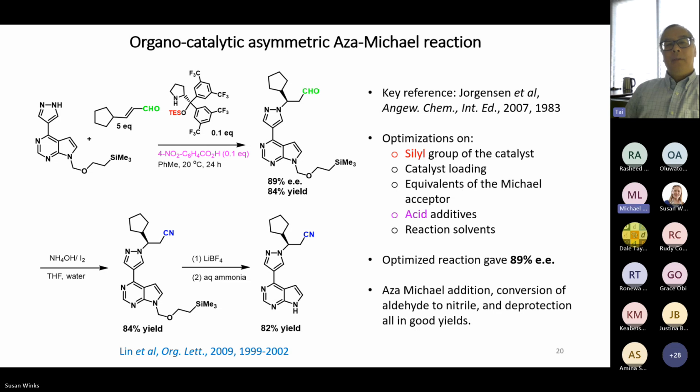So, we got a decent yield, 84% yield, and 89% EE on the addition. Then we have to take the aldehyde, treat it with ammonia to make the imine, oxidize the imine back up with iodine to the cyano compound, and then follow with deprotection. All of these reactions have a decent yield and pretty good selectivity. Next, please.